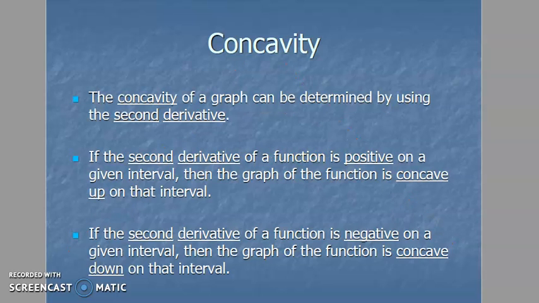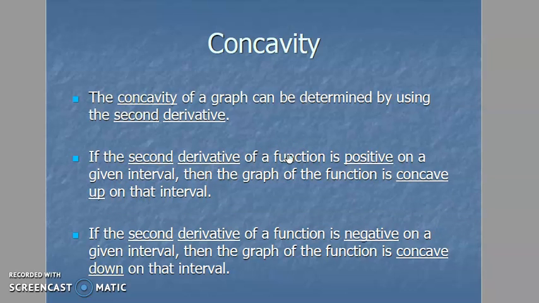We have stated the condition using the second derivative. The concavity can be determined using the second derivative. So the second derivative is positive, that is, the slopes of the function are increasing when it is concave up. Therefore, the second derivative will be positive for a concave up graph. If the second derivative is positive on a given interval, then the graph of the function is concave up in that interval.